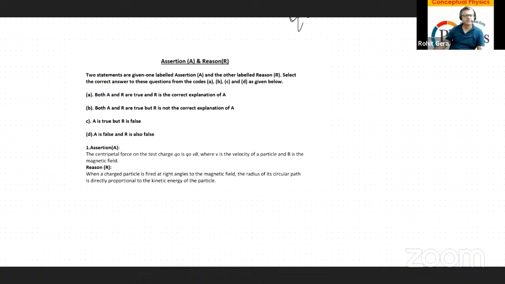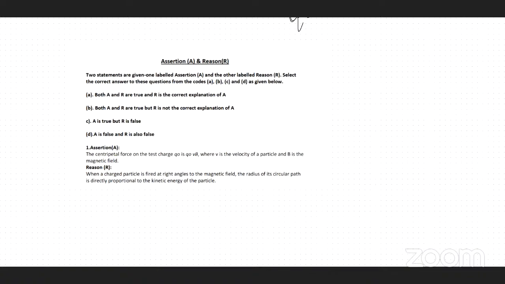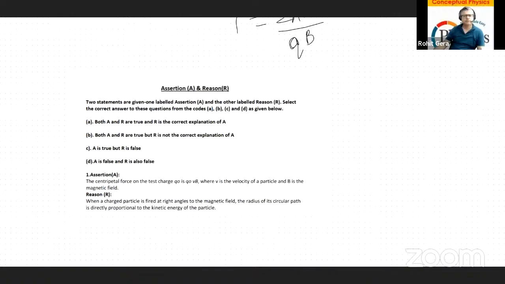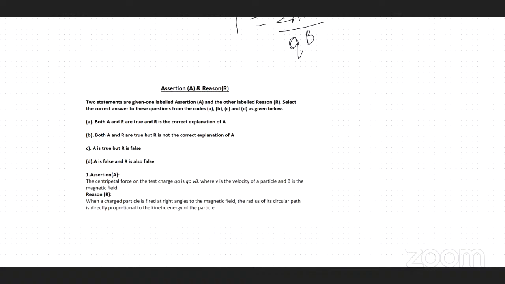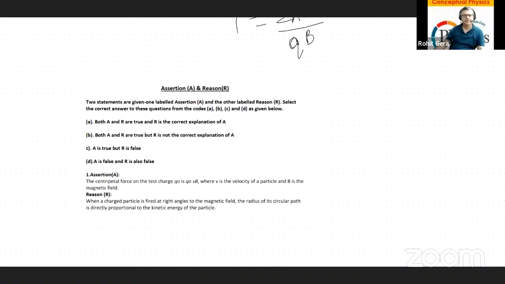Reasoning and assertion. C. Okay. So when the angle is right angle, the radius is directly proportional.